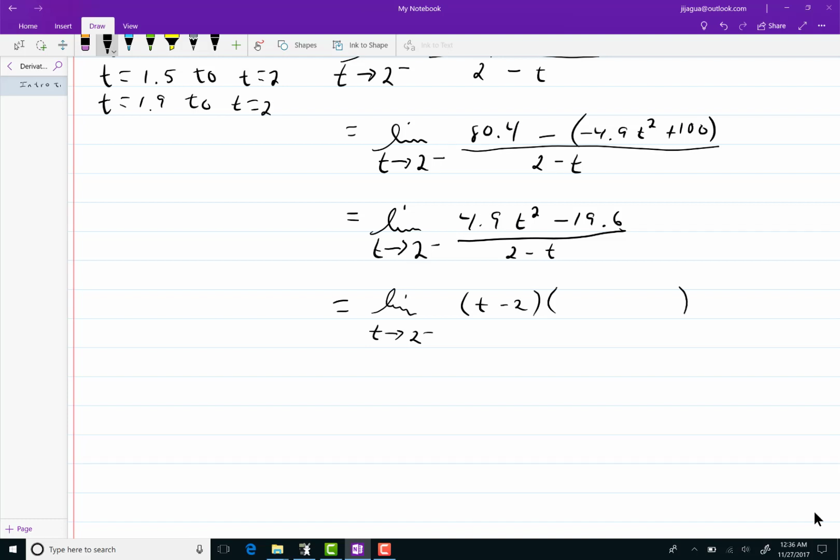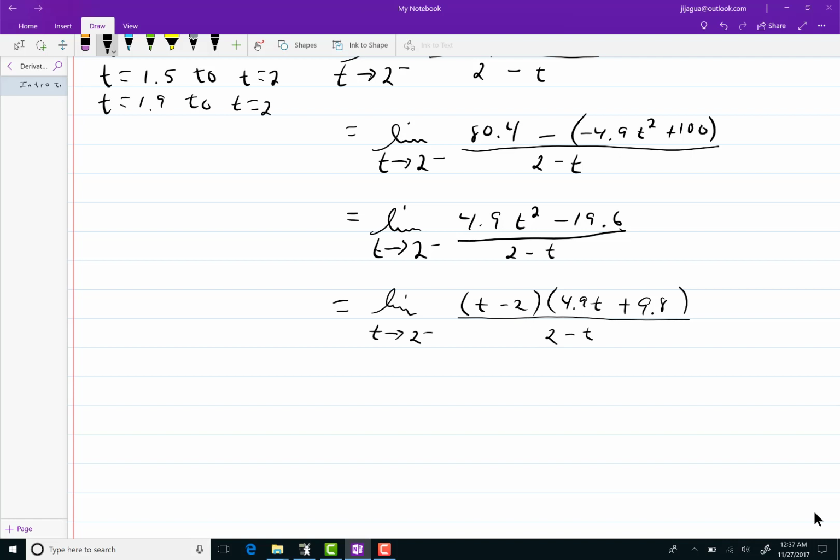Now since I need to start with a 4.9 t squared, I know this will be 4.9 t. And then I need to end with a negative 19.6. So 19.6 divided by 2 is 9.8. This has to be positive 9.8 all over t minus 2.